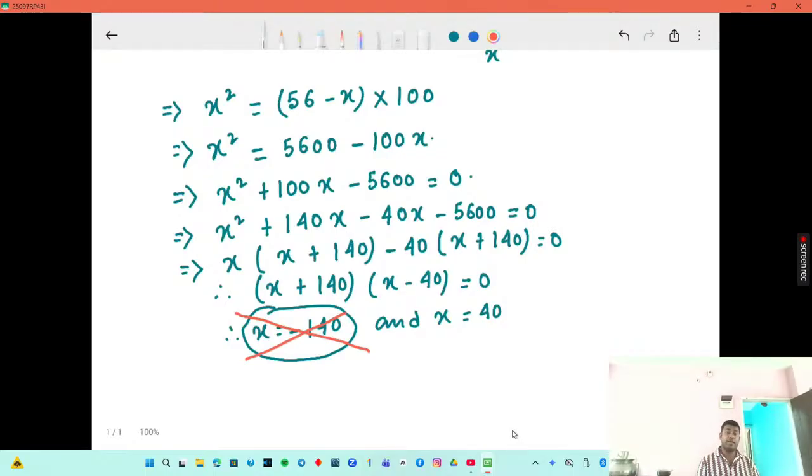What does the negative value imply? It implies that when we go to a shop, and the seller tells us a negative price for a particular item, then he must be paying us, instead of us paying the shopkeeper. So we will ignore the negative value and concentrate on the positive value. Therefore, here the cost price of the article is rupees 40.